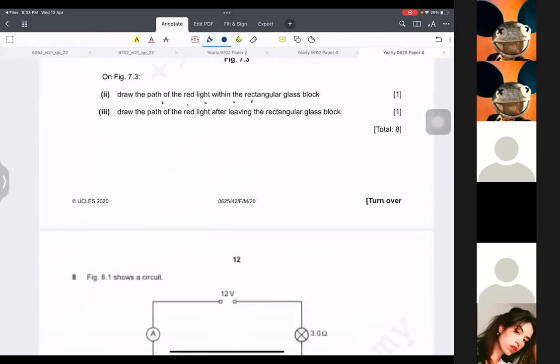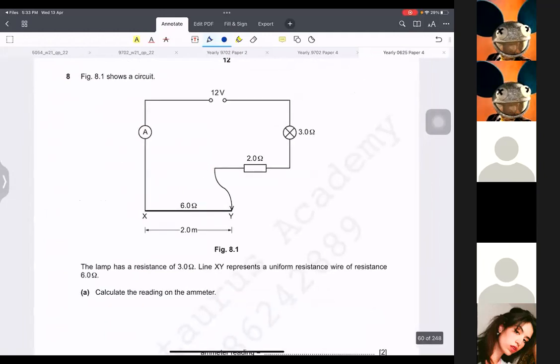Okay, now going to this one. A lamp of resistance 3 ohm, line XY represents a uniform resistance wire of 6 ohm. Right. And then it says calculate the reading on the ammeter. The ammeter reads the total current. So you have 3 things in series.